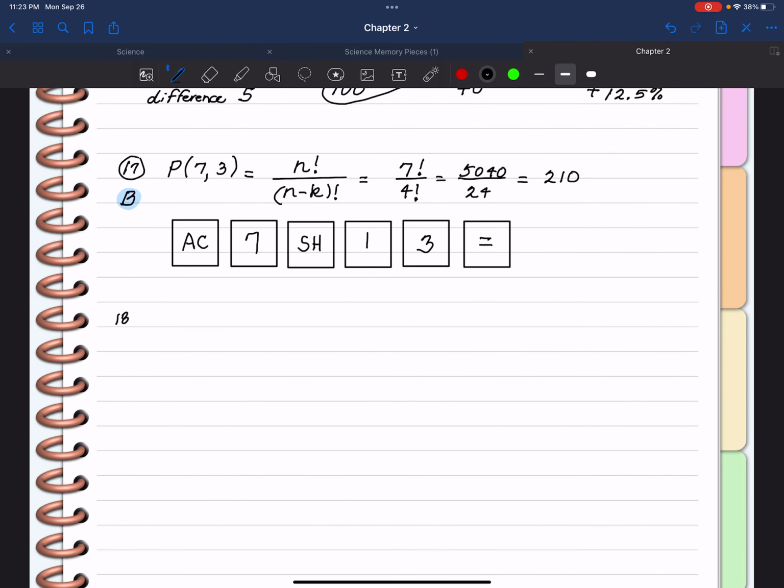Number 18. This tree diagram shows all possible outcomes of rolling a blank. Let me read that again.